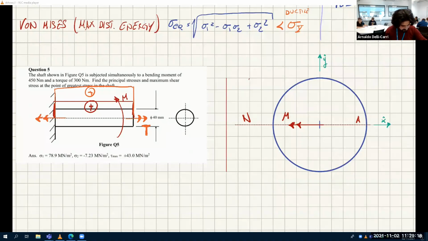You remember that the stress distribution looks like this. Sigma max. So this is X and Y, so Z goes outside of the axis. So Z is along the axis. Let's call this sigma Z max, and this is, of course, sigma Z max.